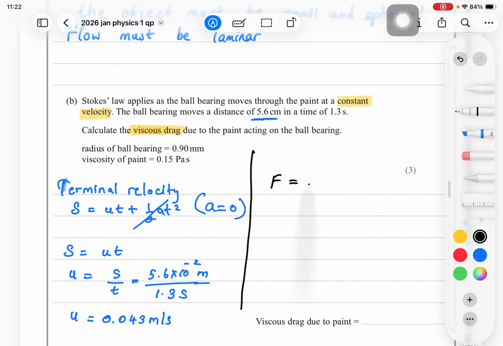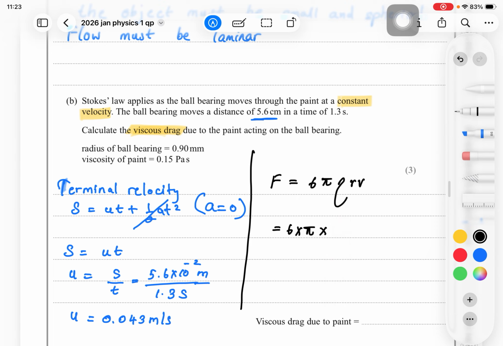We'll have the radius, the viscosity and the velocity. Let's see whether we have all the information. Yes, we do. So we have 6, which we know, and pi.